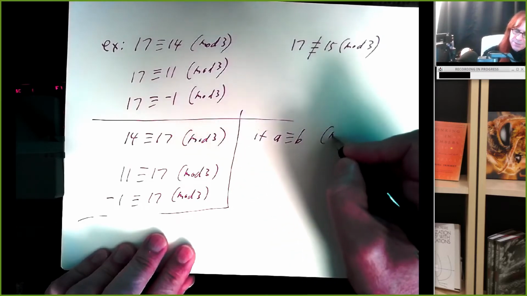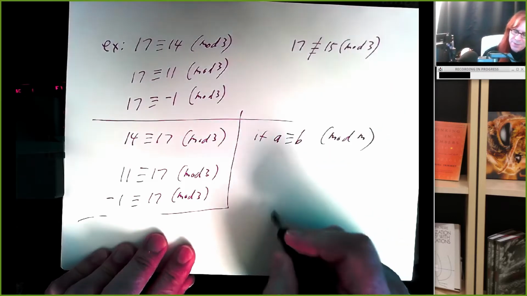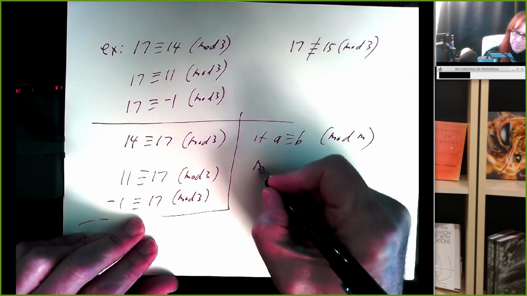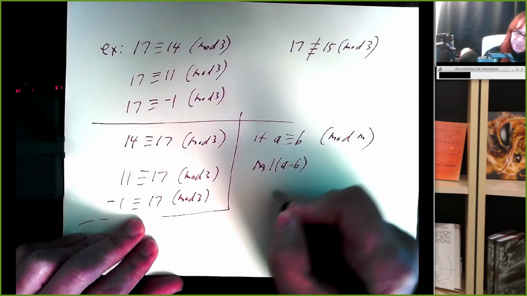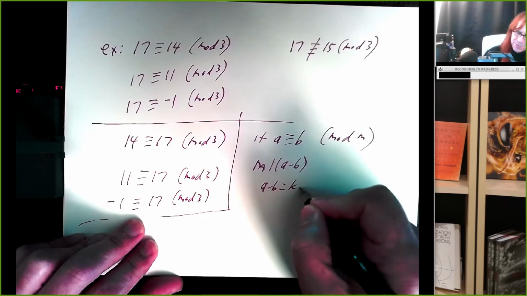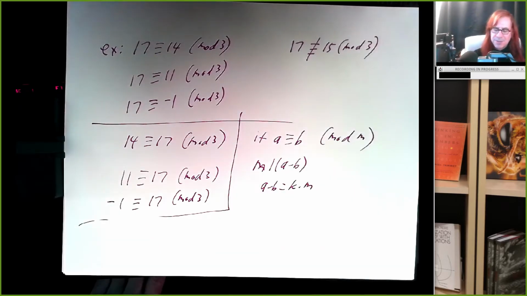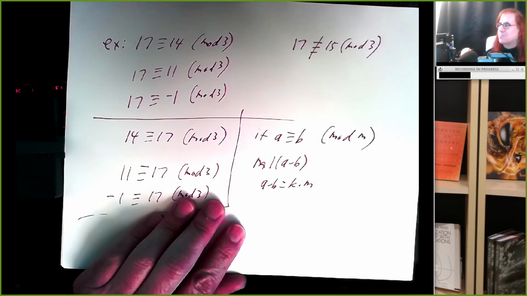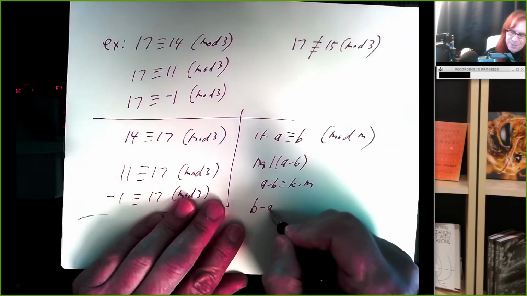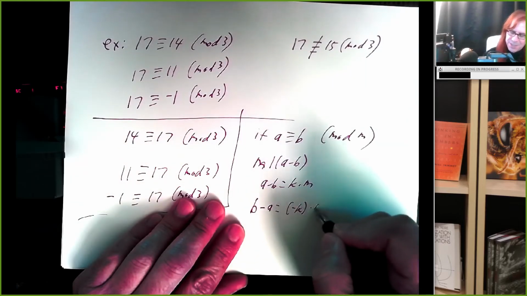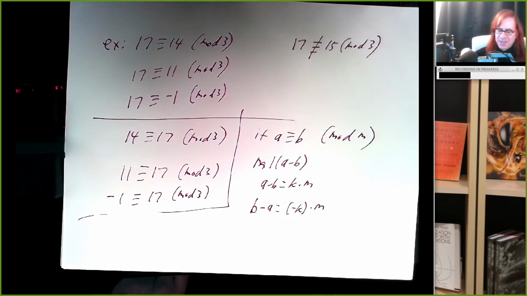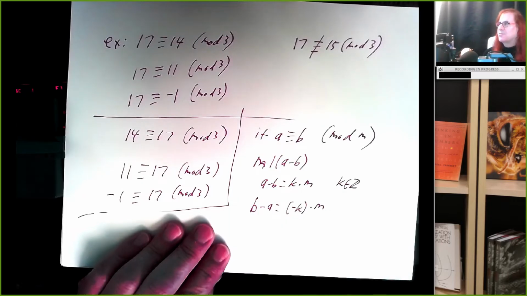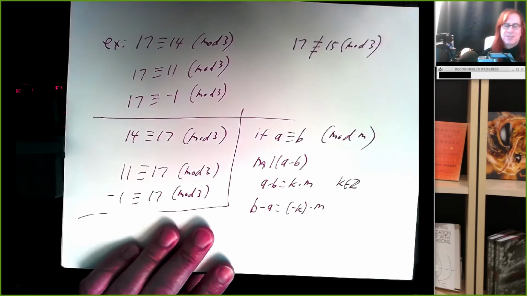If a is congruent to b modulo m, we said that means m divides a minus b. So a minus b equals some integer k times m. And so we can multiply both sides by minus 1 and see that b minus a equals minus k times m. And if k is an integer, which it is, then minus k is also an integer. That's just a property of integers.